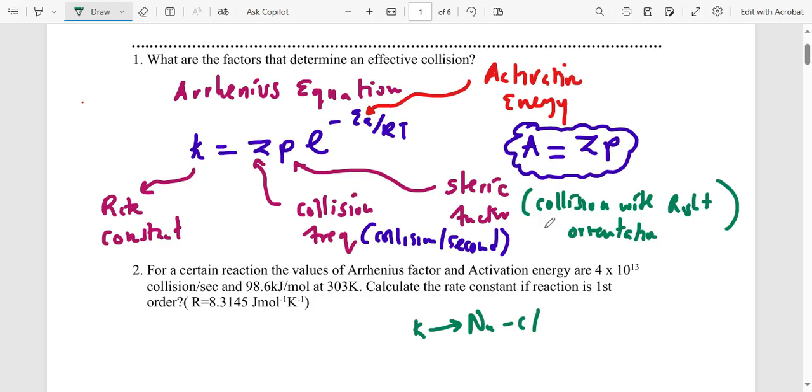So now to put it all together, what are the factors that determine the effectiveness of a collision? Number one, the first factor is proper molecular orientation. That's the first thing that should be met. Number two, there should be sufficient energy.